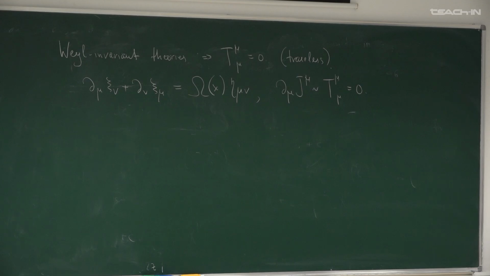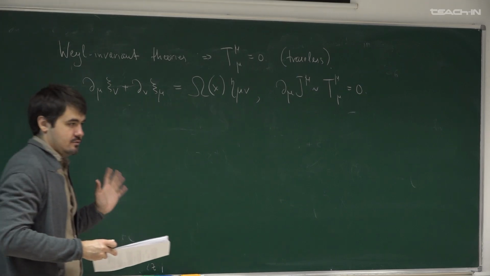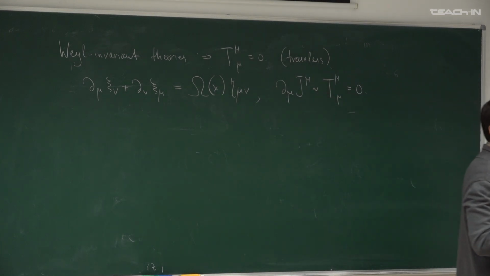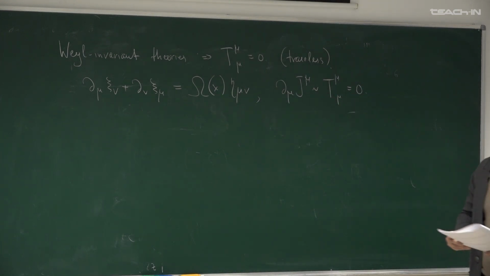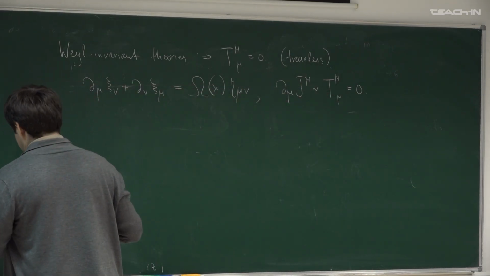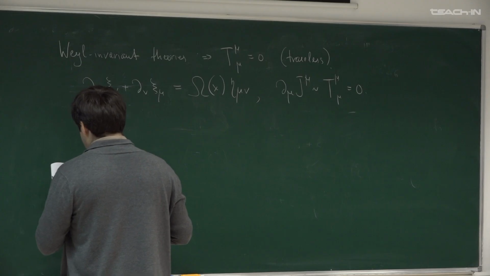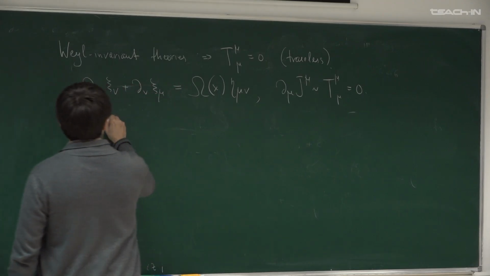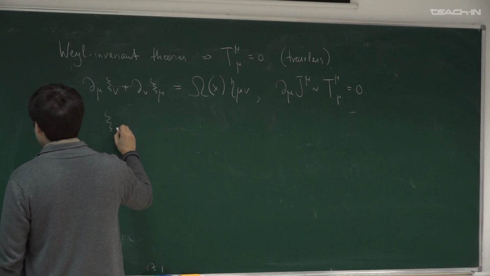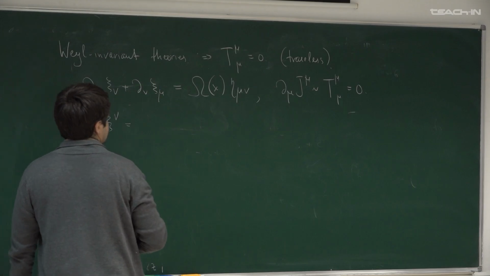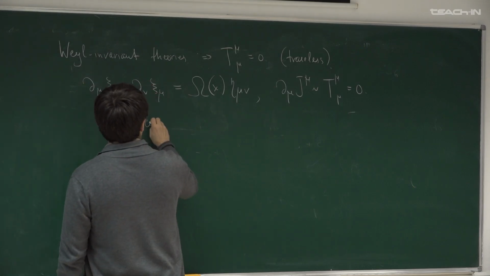So this means that Weyl invariance, if we can couple the theory to the metric in a Weyl-invariant way, means that the original theory is conformally invariant. So psi is a conformal Killing vector field.